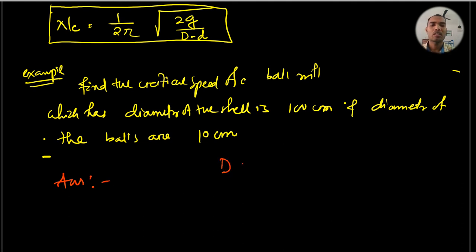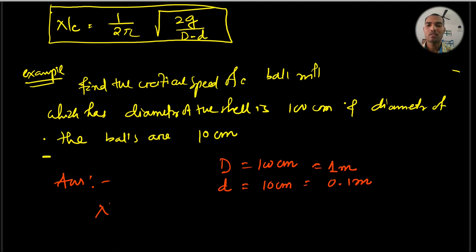Now how to solve it? We have capital D given as 100 centimeter. Convert it into meter, this is nothing but 1 meter. Similarly, the diameter of the ball, small d, is 10 centimeter, which is nothing but 0.1 meter. Now put everything in the above formula.